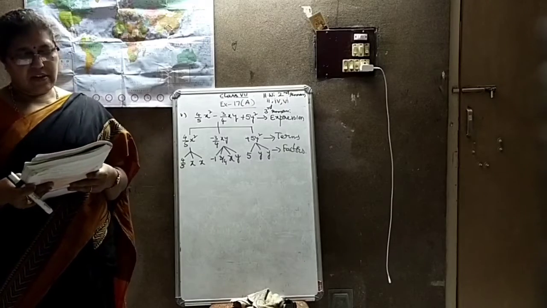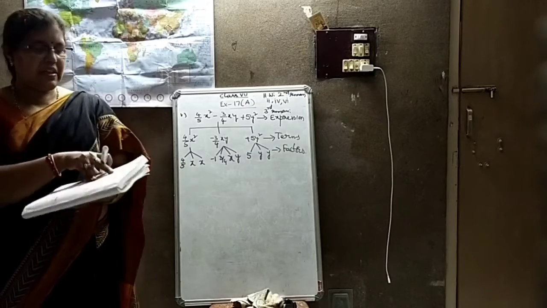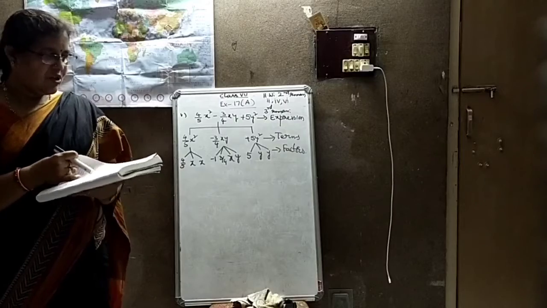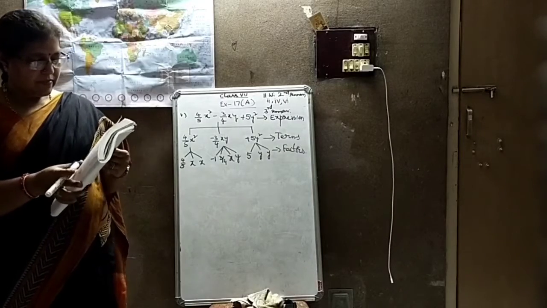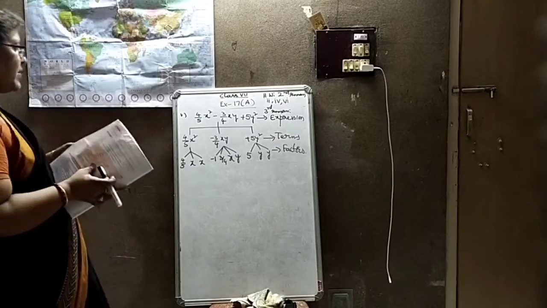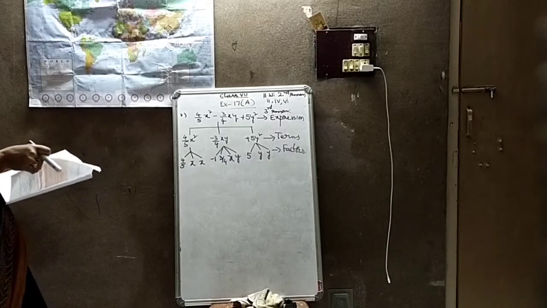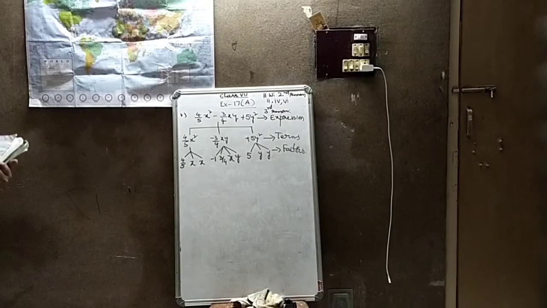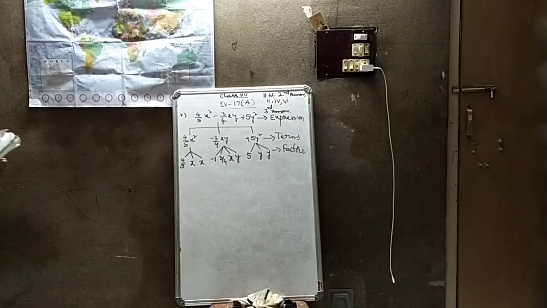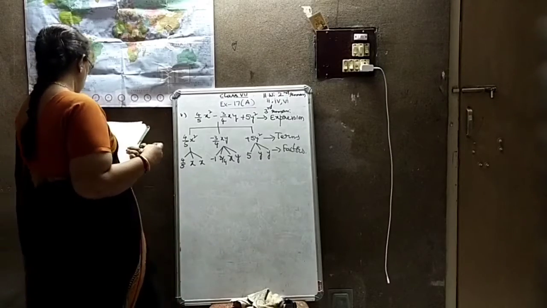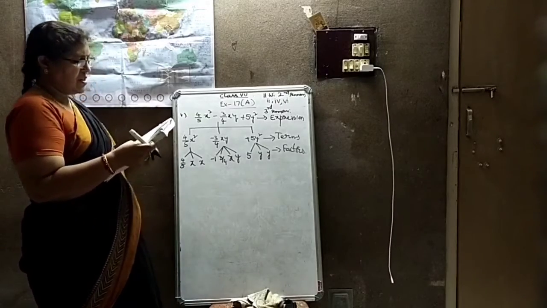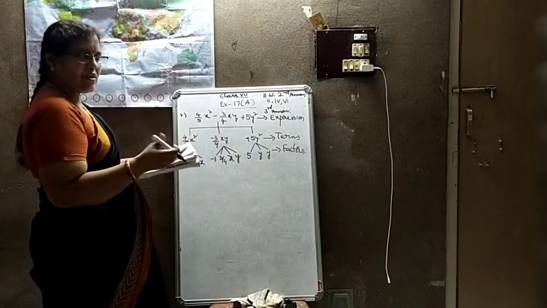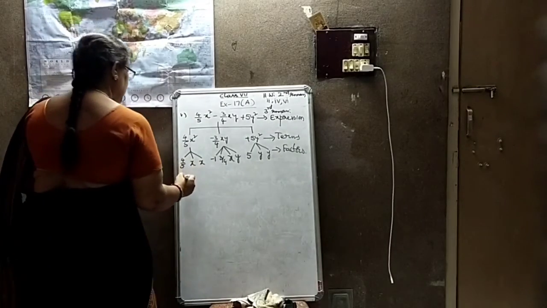Identify terms and factors in the following expression, but they didn't ask you the tree structure. Take it first. You can continue this third Roman like a table or as you wish.